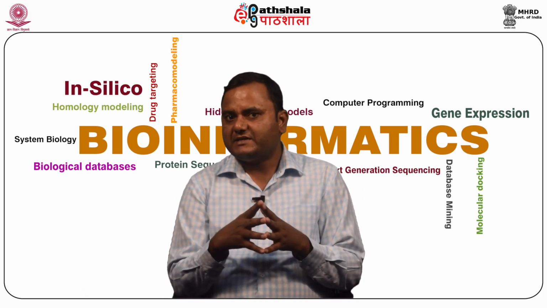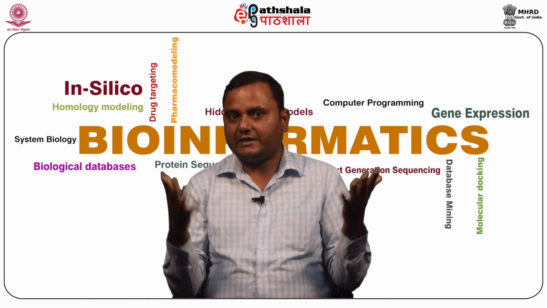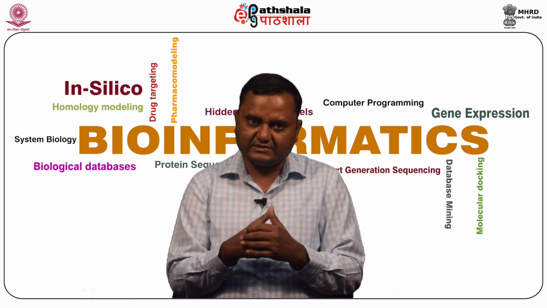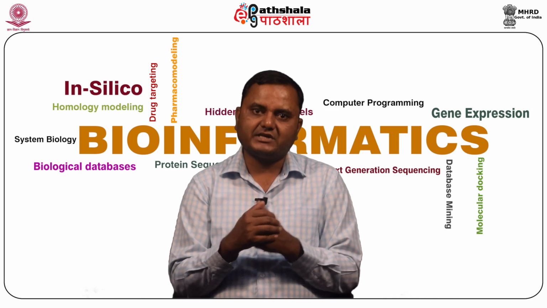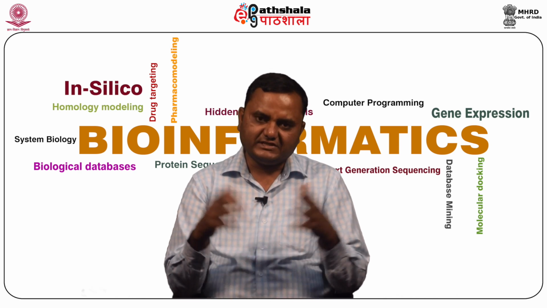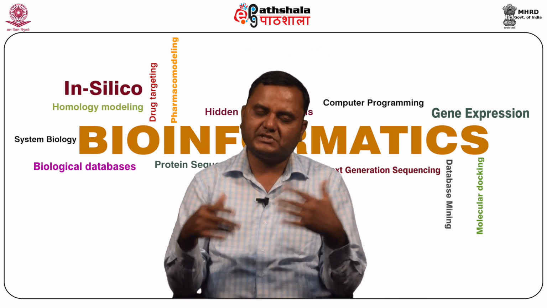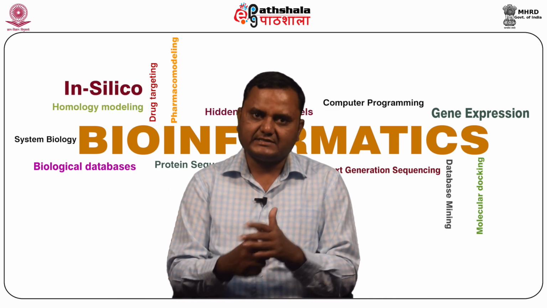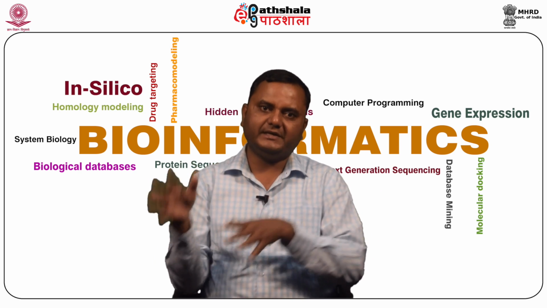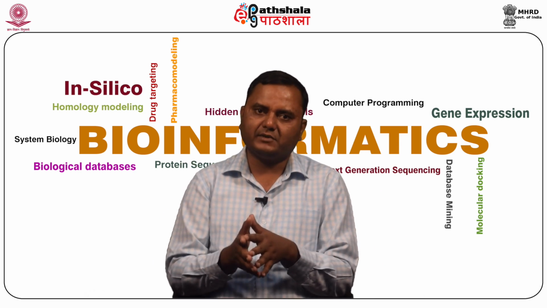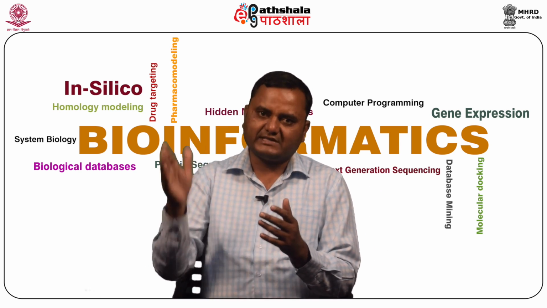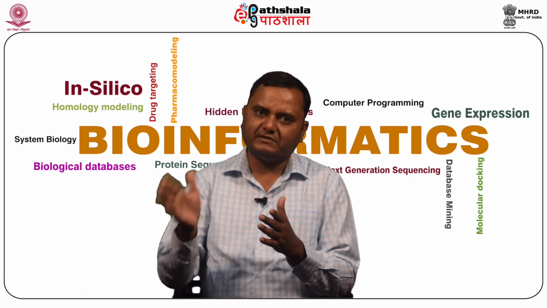The other database, again on the basis of sequence and structure, is SCOP, the Structural Classification of Proteins, which classifies proteins on the basis of structure, especially secondary structure elements such as all-alpha proteins, all-beta proteins, alpha and beta proteins, and alpha/beta proteins, meaning one alpha, one beta, like that.